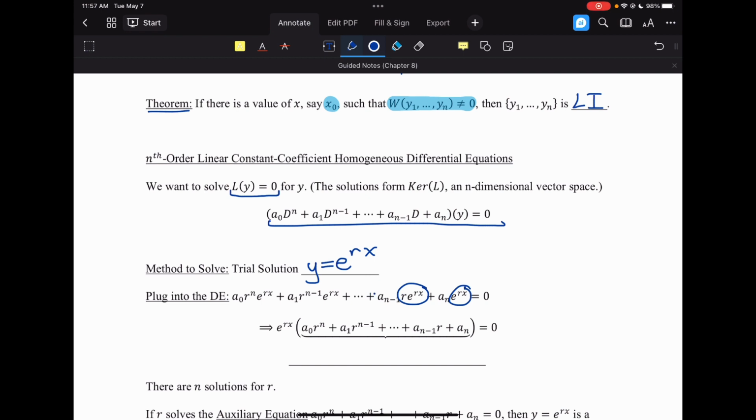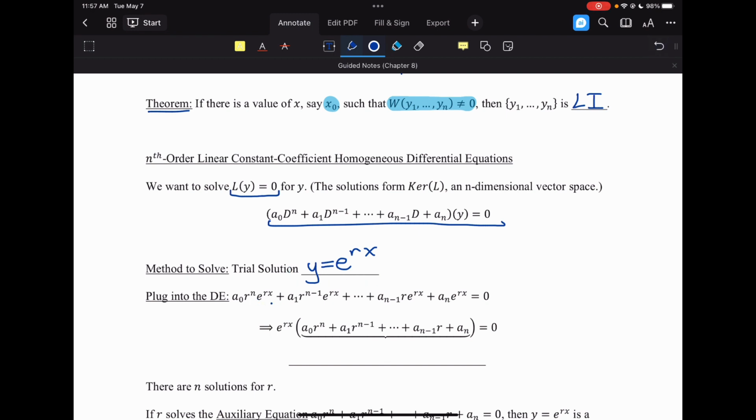The third derivative would give us r cubed, etc. We get up here, we have e to the rx times r to the n minus 1, because we took n minus 1 derivatives. And then when we take n derivatives, we end up getting an r to the n showing up in this term. So that's what happens when we substitute this trial solution into that differential equation.